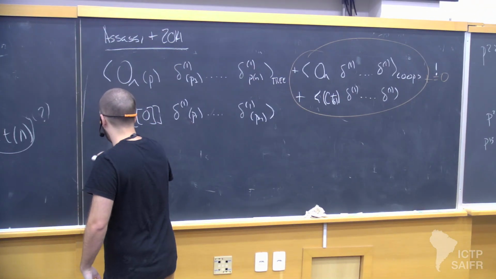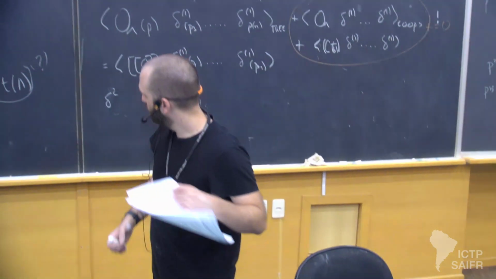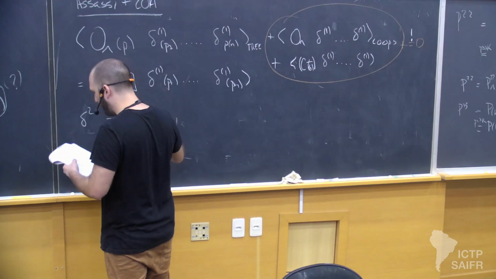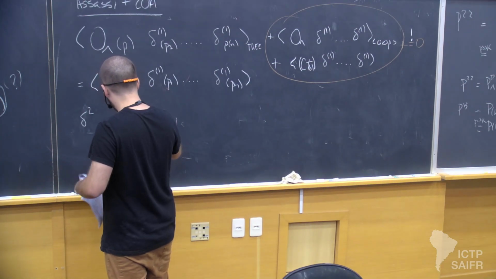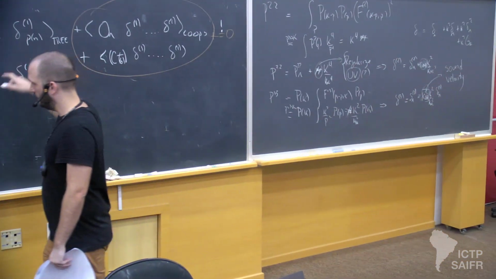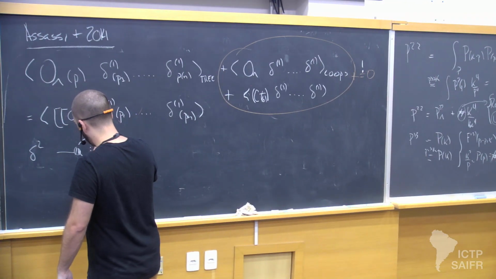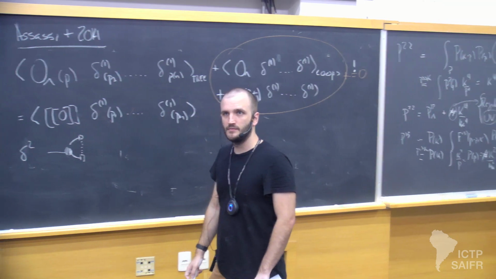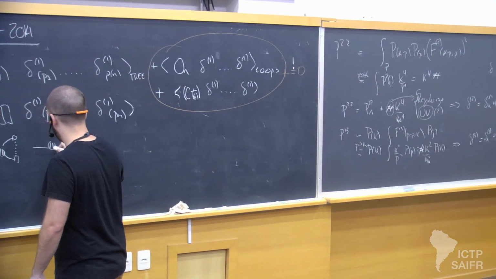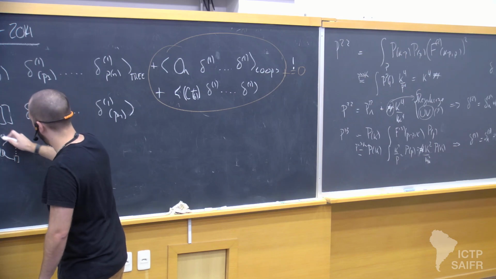Let's do it for delta square. For delta square, we have those kinds of loops, so we can take contractions first with 0 external legs. So take n here and take it to 0. For delta square, it just means that the first loop you get is something like this. So this is n equals 0.